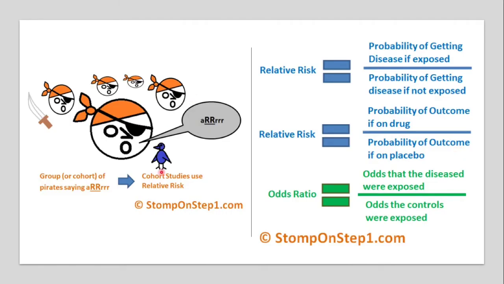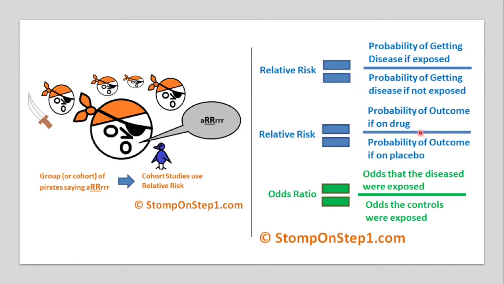So here's a little better rendition. Many times you're going to see relative risks reported in cohort studies. With a relative risk calculation, what they're doing is taking the probability of getting the disease if they're exposed, comparing that to the probability of getting the disease if they were not exposed.